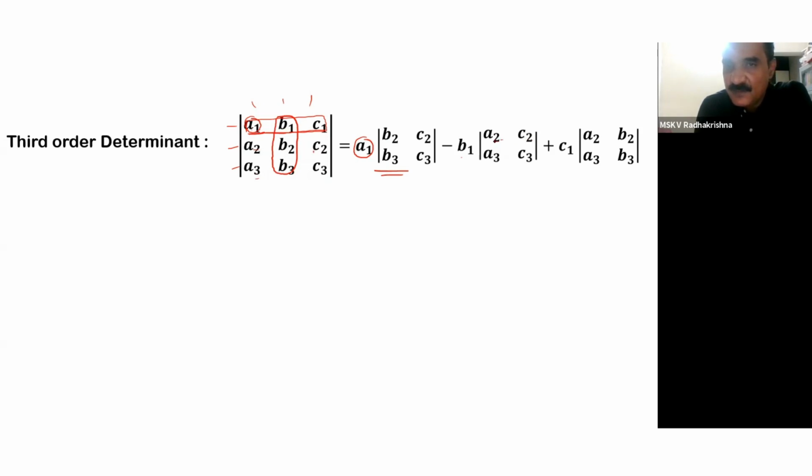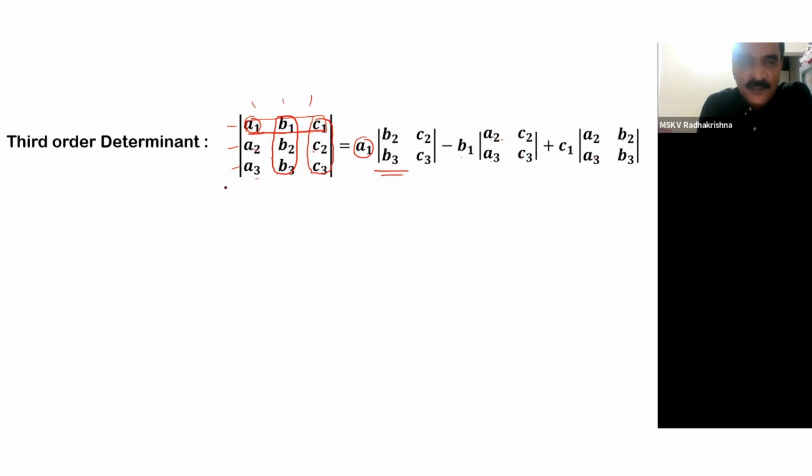Then the value of this determinant is A2 into C3 minus A3 into C2. Now, take third element of the first row, C1 into, remove the row containing the element and column containing the element. Then you will get remaining subdeterminant A2, B2, A3, B3. And its value is A2 into B3 minus A3 into B2.